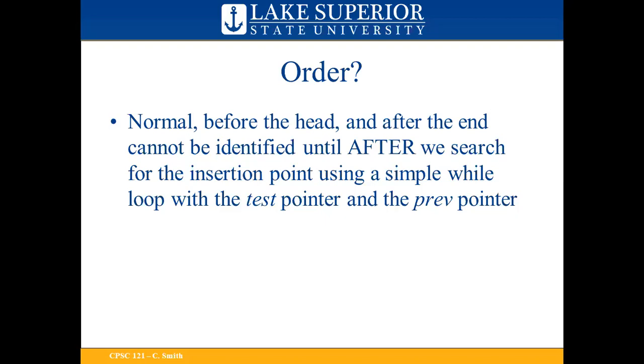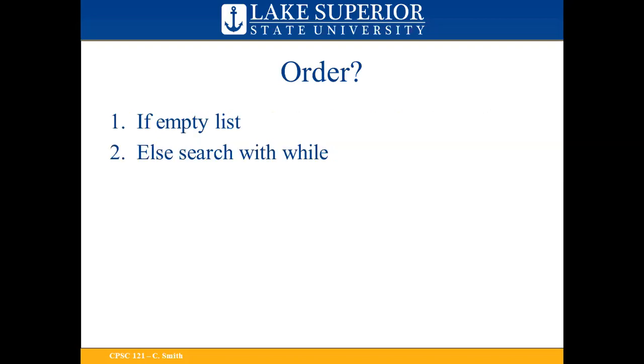And then we're going to run the loop and compare data until we either walk off the end of the list or we find where we need to insert the data. So in any of these three cases, you're going to have to find the insertion point with the while loop and then take care of the cases. So that means we're going to else off that if statement, the if empty list, else we're going to search with a while. Okay.